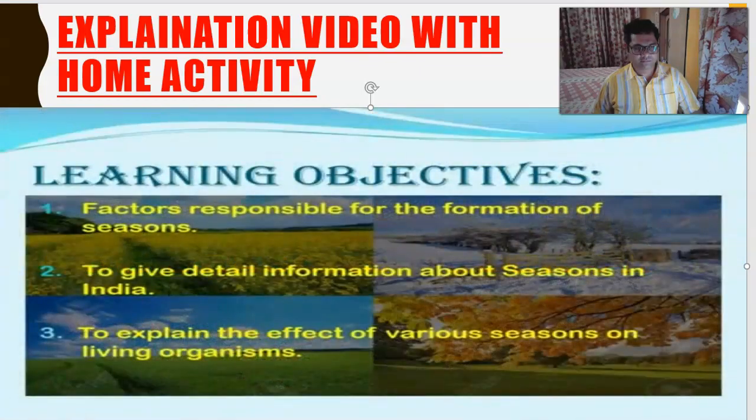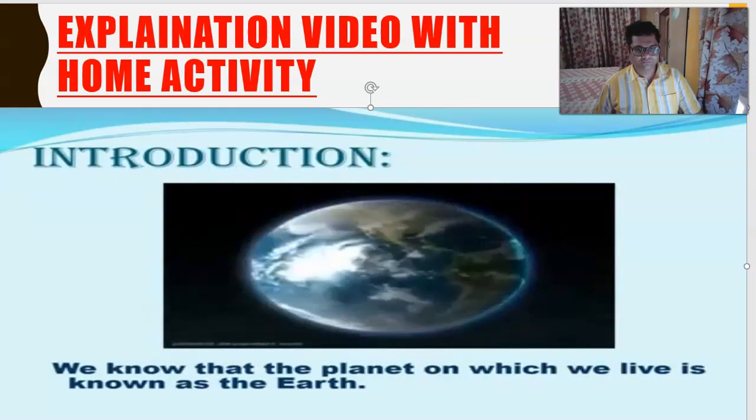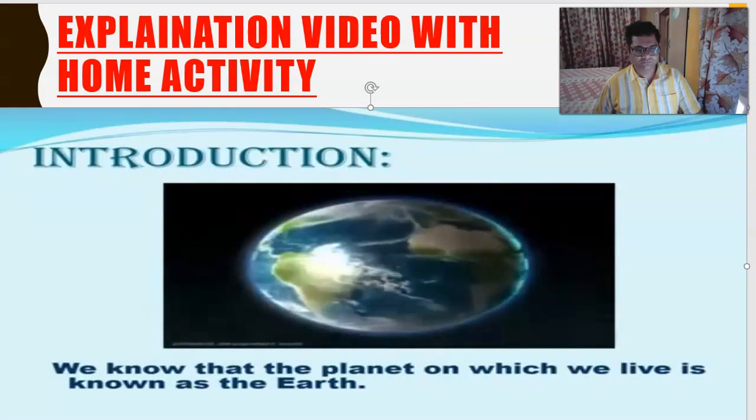Learning objectives are: factors responsible for the formation of seasons, to give detailed information about seasons in India, and to explain the effect of various seasons on living organisms. Now let's start the lesson.